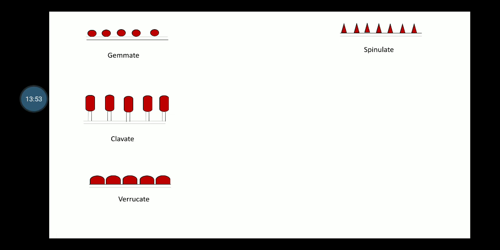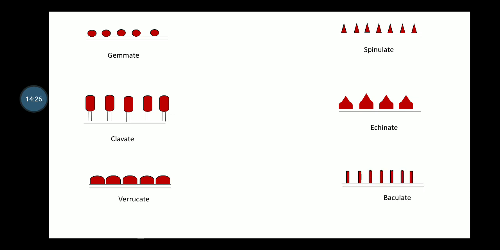And in spinulate, the projections or sculpturing elements are spine-like small projections, less than 3 micrometer in length, and the diameter is also very small. While in the case of echinate, it is like the spinulate structure, but here the length and diameter are greater than that of spinulate. And the last type is baculate.